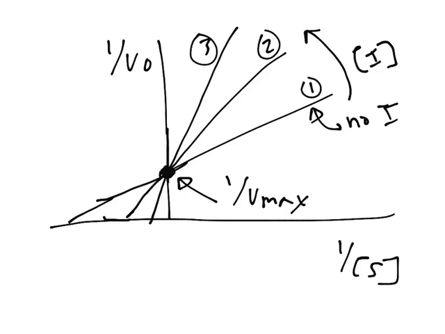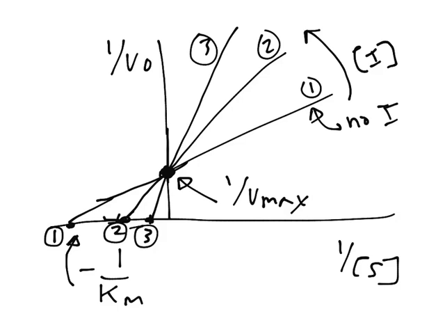We also know that these positions here are minus 1 over the Km value. So let's be clear, this is experiment 1, this is experiment 2, this is experiment 3. As we add more inhibitor, going from left to right along the x-axis, we see a decrease in the value of 1 over Km.